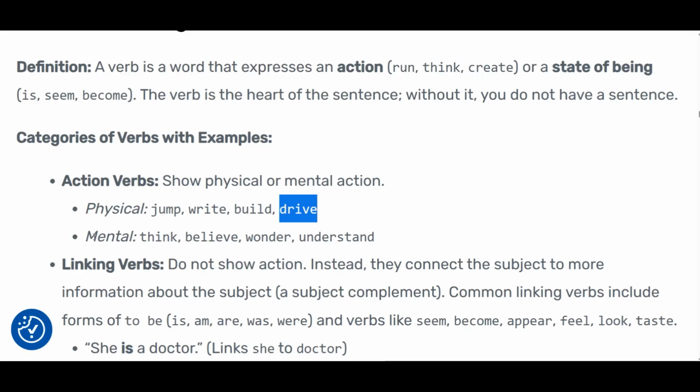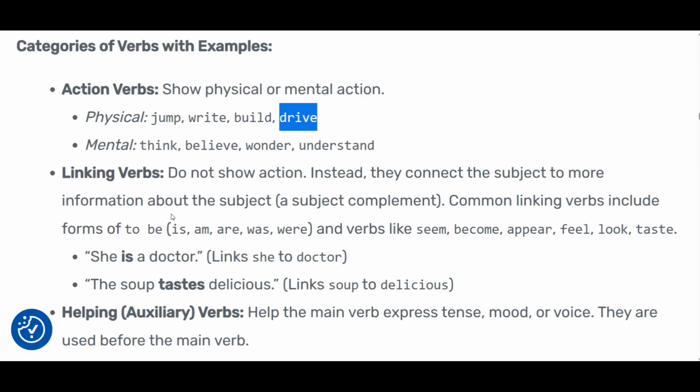Then there are mental action verbs, that is think, believe, wonder, understand. Here also you are doing an activity, but mentally, not physically. So action verbs are physical and mental verbs.